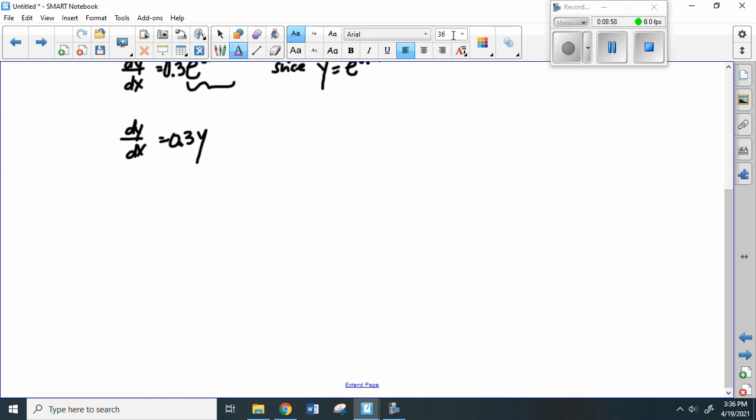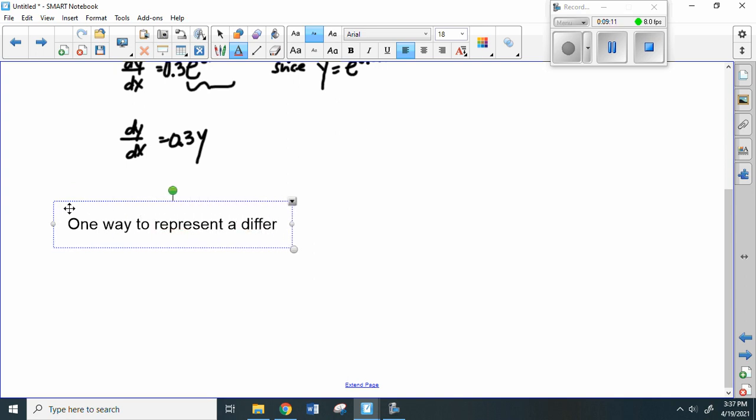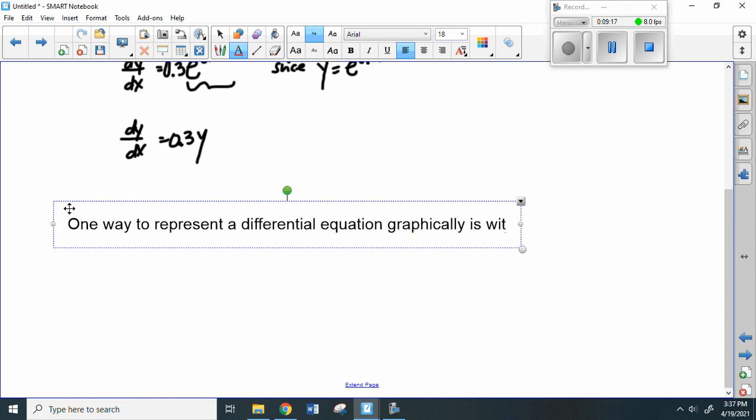One way to represent a differential equation graphically is with a slope field.